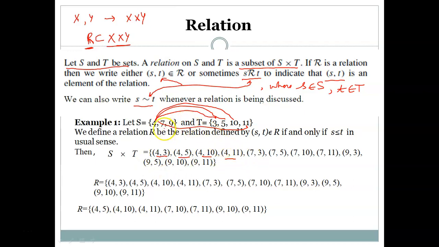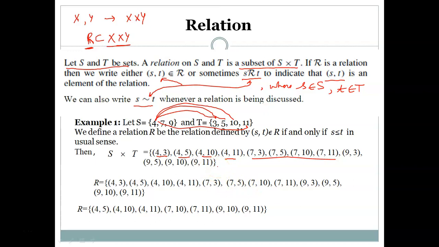In the same manner, we pair 7 with all these elements, and we get 4 more elements. Then we pair 9 with all the elements, and get the next 4 elements. In this way, the Cartesian product S cross T consists of 12 ordered pairs.